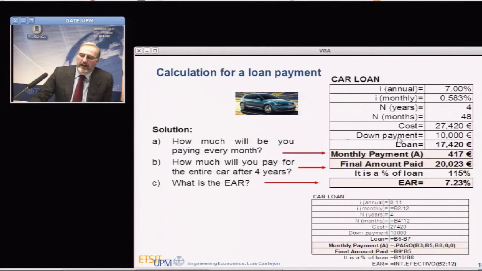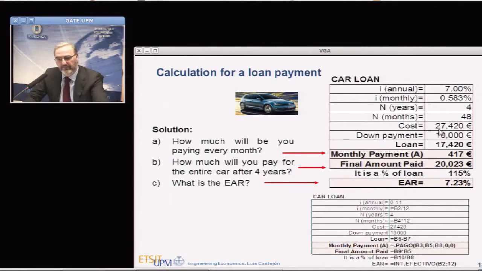I make a down payment of 10,000. Then the loan I'm going to ask of the car finance dealer is the subtraction between the cost and the down payment. So at the end, I'm asking for 17,420 euros. What is the monthly payment?